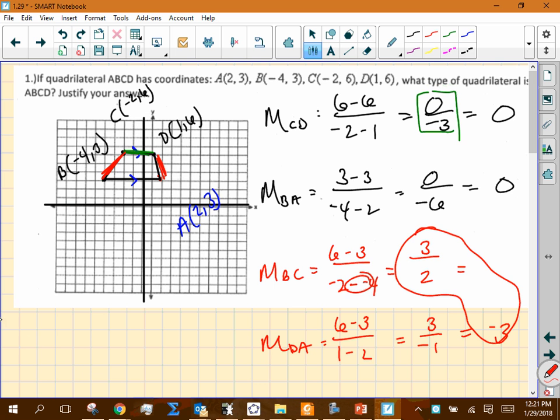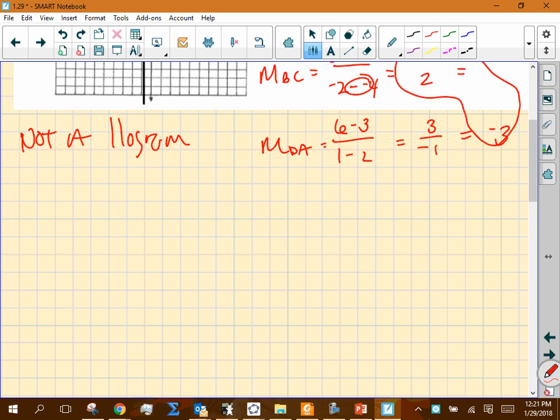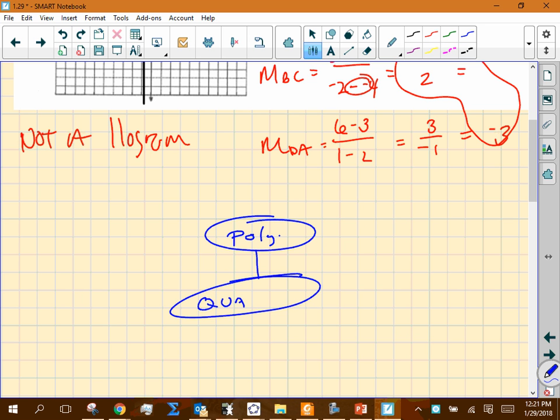So this thing is not a parallelogram, right? Okay, well, that's the thing. If it's not a parallelogram, remember, back to the flow chart that we talked about earlier, we had polygons here. In polygons, we had a subgroup of quadrilaterals, right?